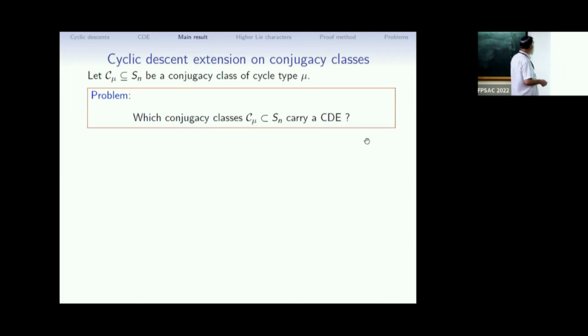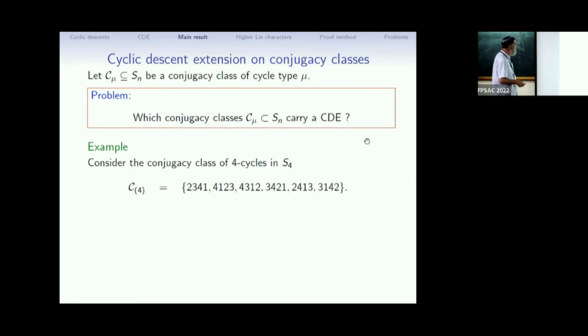Okay. So what is the problem that we will focus on? Which conjugacy classes carry a cyclic descent extension? Let's see an example. Let's take the 4-cycles in S4. There are 6 4-cycles. What are these descent sets? 3; 1; 1, 2; 1; 2, 3; 2, 4; 1, 3. Is there any extension? Could we do it ad hoc?